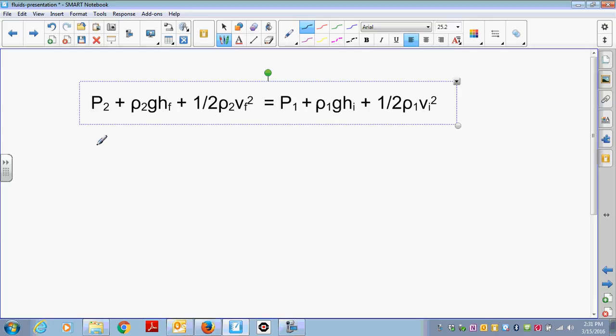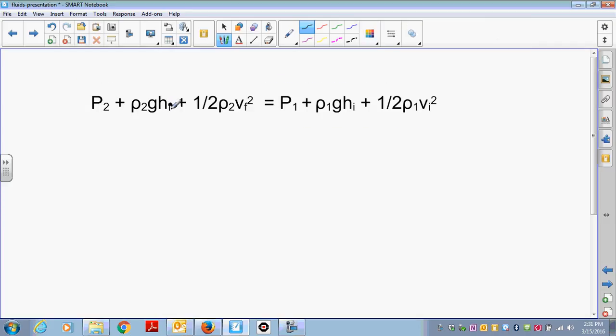And so here you end up with P2 plus rho times the acceleration due to gravity times the height at position 2, plus 1/2 rho V2 squared, and that's equal to the pressure at position 1 plus rho g h1 plus 1/2 rho V1 squared.